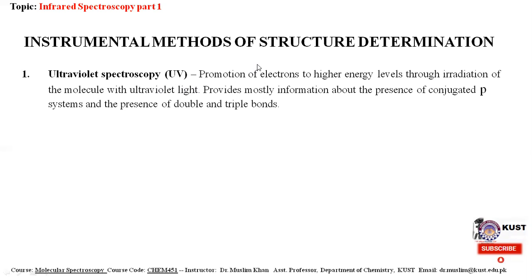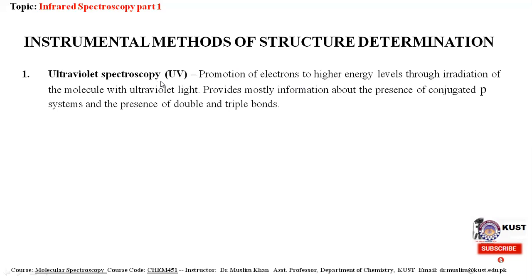When it comes back to the lower energy, stable state, either this absorbed energy is measured or this emitted energy is measured. So there is emission spectroscopy and absorption spectroscopy. In UV, we are measuring the absorption spectroscopy, which is used for the promotion of electrons.